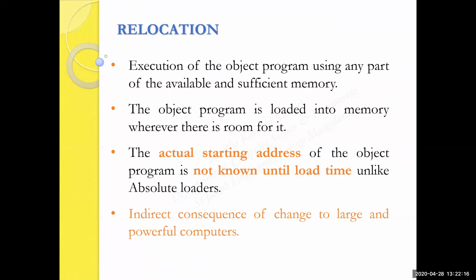So thus, the actual starting address of the object program is generally not known until load time, as it is with absolute loaders, which means that we write relocatable programs rather than absolute ones. And the loading scheme provides for program relocation.